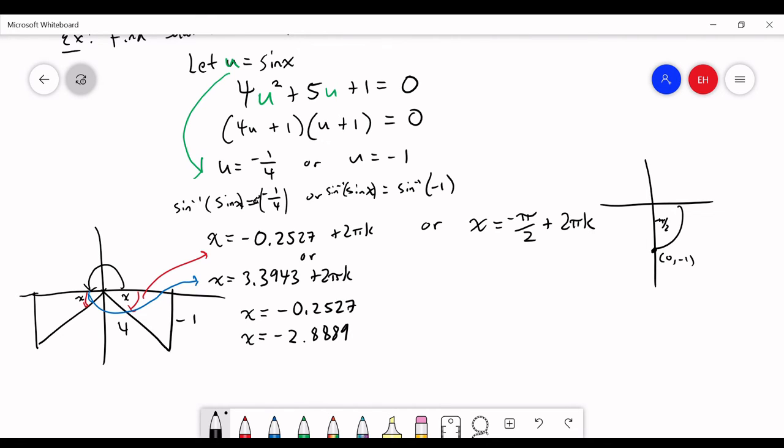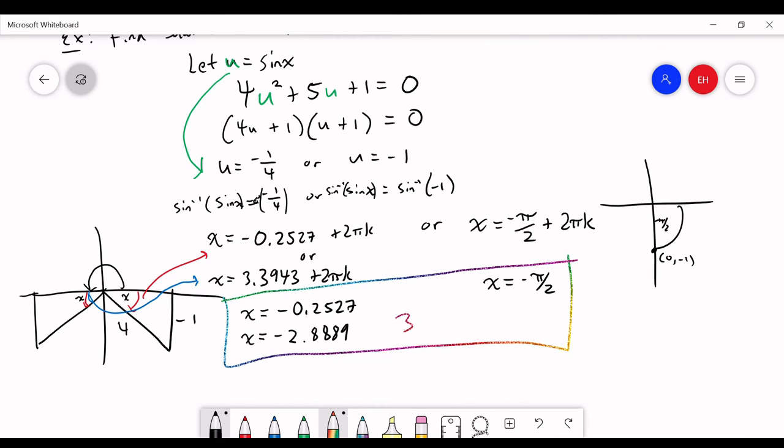Because I'm going to be more than pi. So that doesn't work. But if I subtract 2 pi, I'm also out of my interval. So now I go to my second set of answers, and 3.39 subtract 2 pi is an answer that would work, negative 2.8889. So that's another answer.